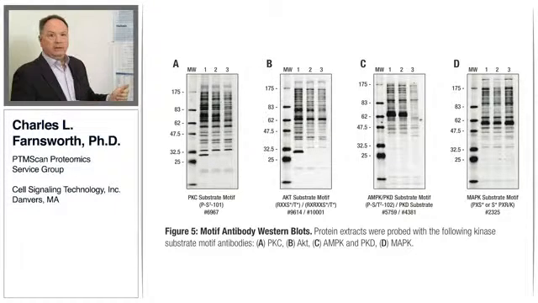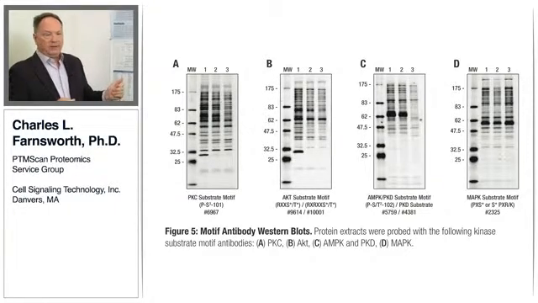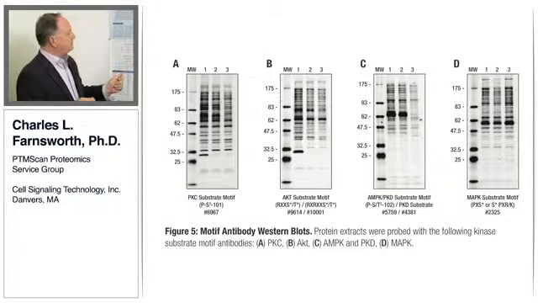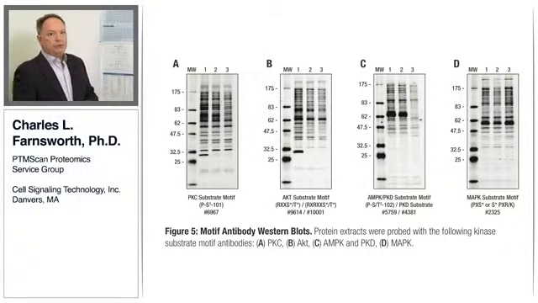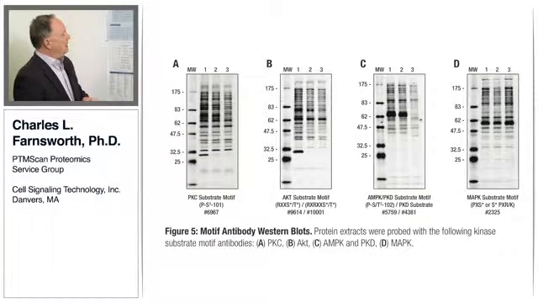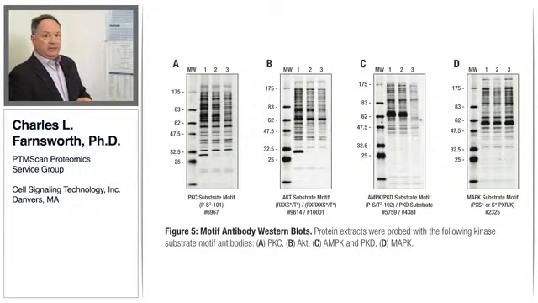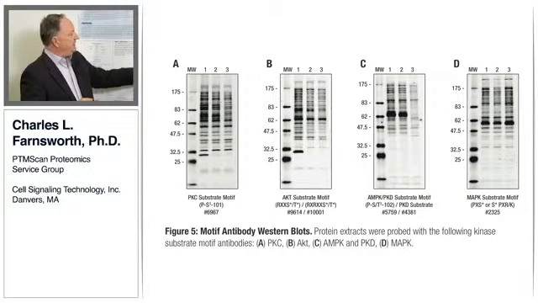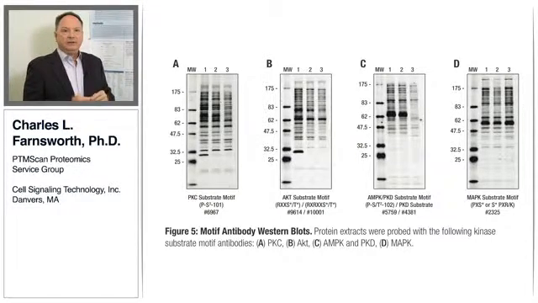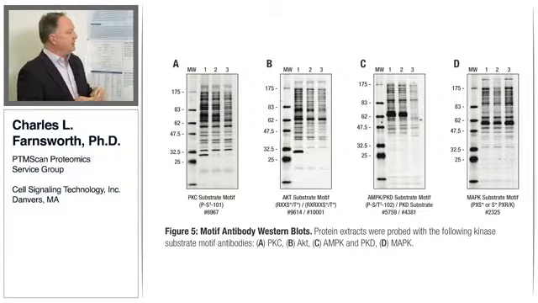In panel B, we have another basophilic motif antibody, AKT. The AKT substrate antibody shows significant reduction in both MET inhibition and with staurosporin treatment. In panel C, we can also see significant reductions in phosphorylation in lane 3 with the AMPK and PKT substrate antibodies. Again, another 2 basophilic motif antibodies.